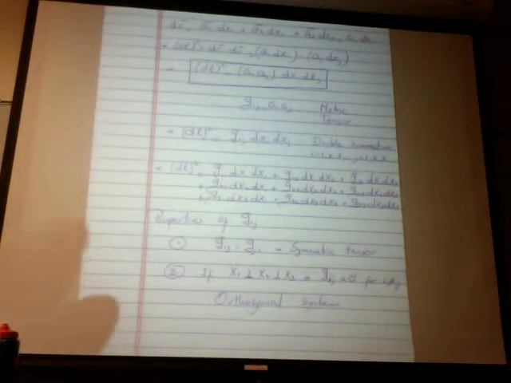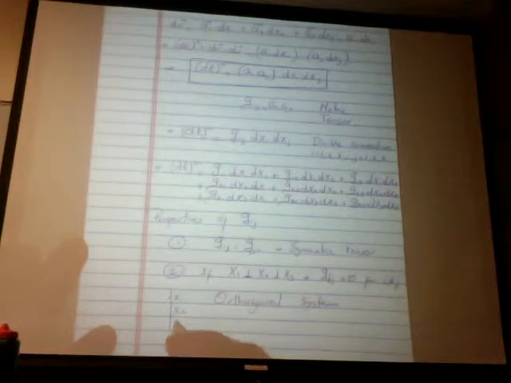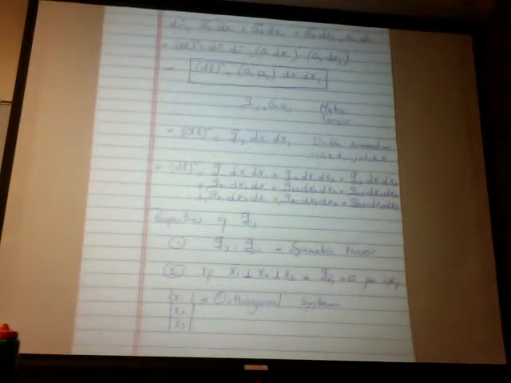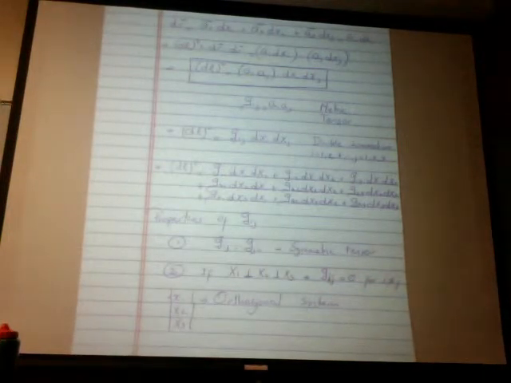So x1, x2, x3 is therefore an orthogonal system. If the off diagonals of the metric tensor are 0, then it is an orthogonal system. So for orthogonal systems, the metric tensor is just a diagonal tensor. It only has values along the diagonal.